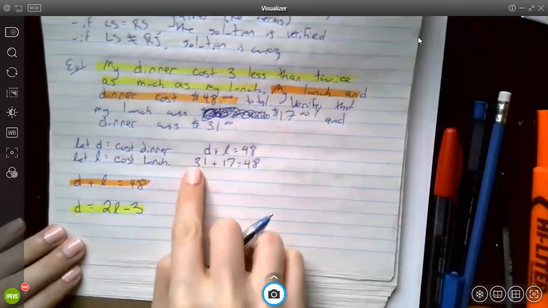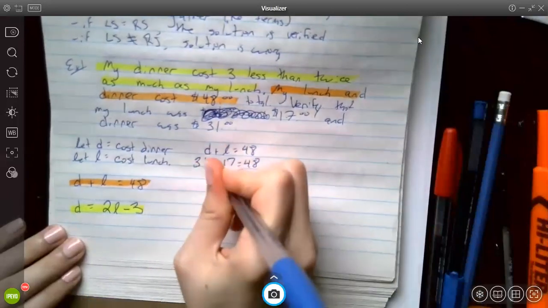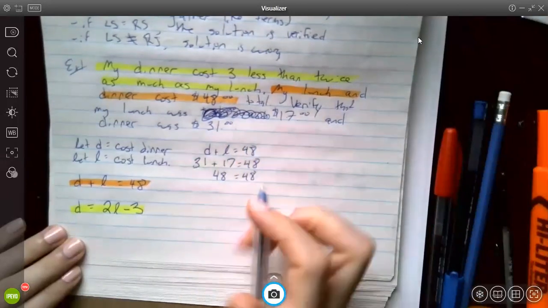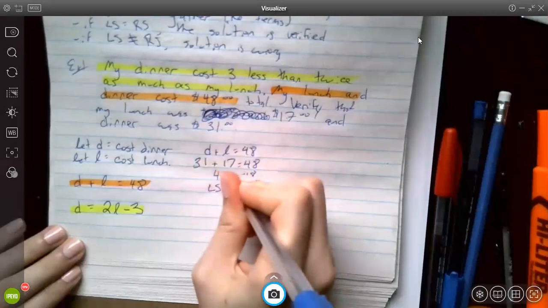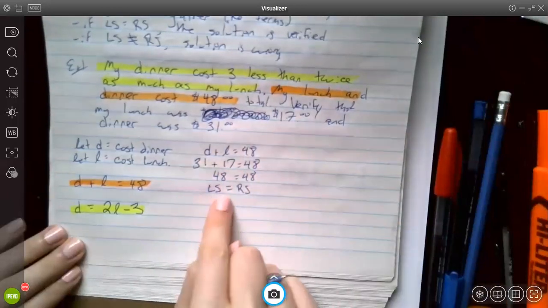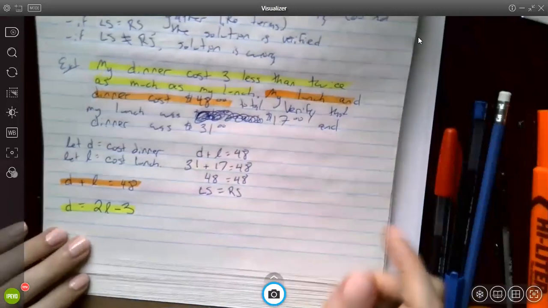And then I just do 31 plus 17 is 48. I now have 48 equals 48, so I'll say left side equals right side. So I have verified that the solution works for one of the equations. Let's check the other one now.